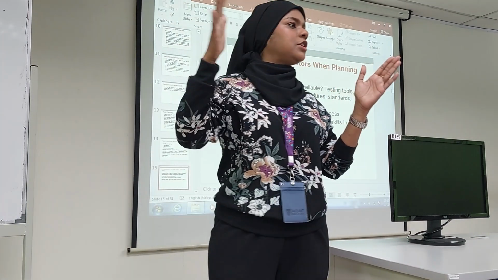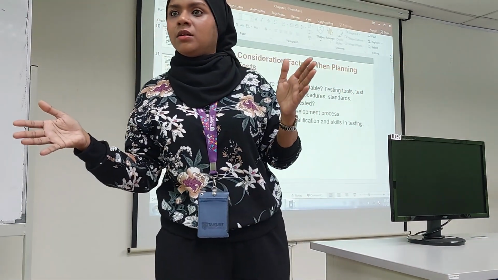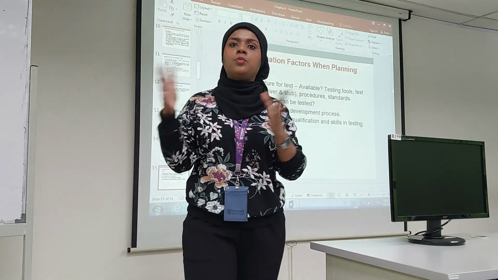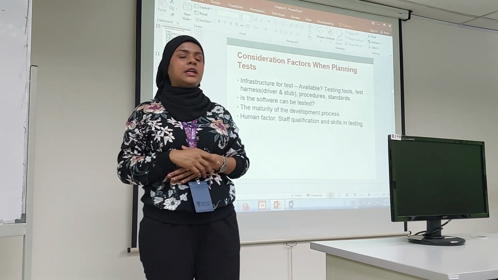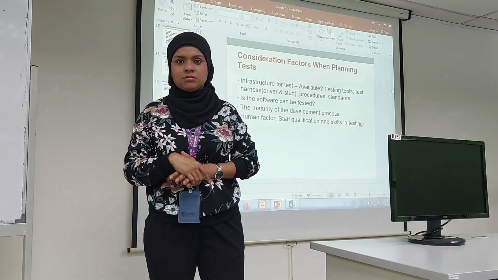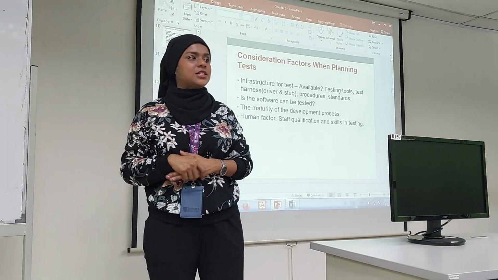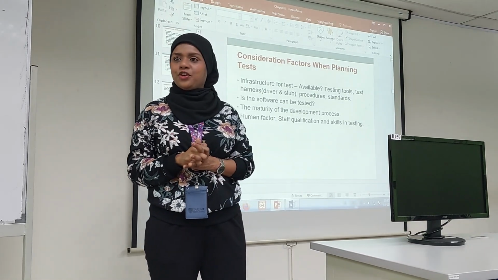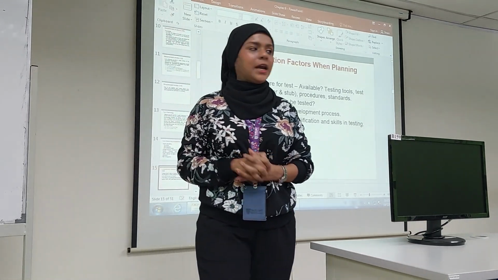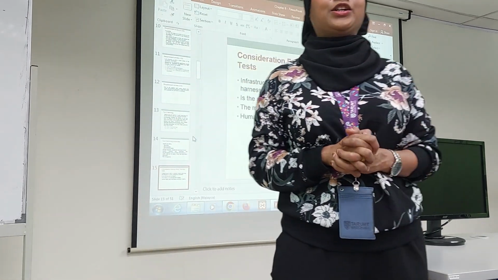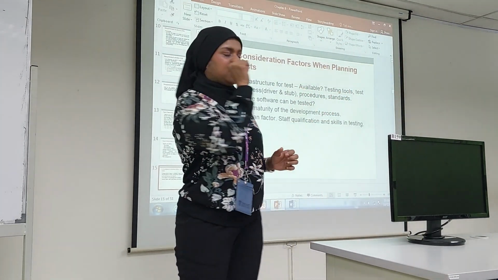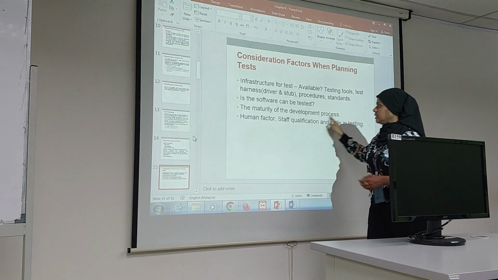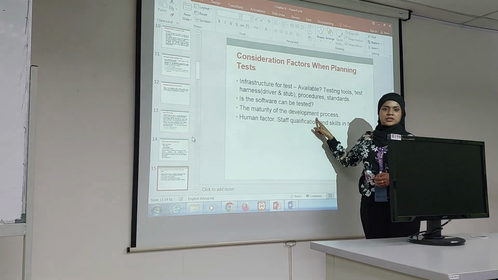I will have different increments, so I will test module by module, maybe 4 or 5 times. Then agile is even worse, right? We just have 14 days. In 14 days, what do we produce, and what are we going to test? It's a very small sizing. So this decides how we plan our test.